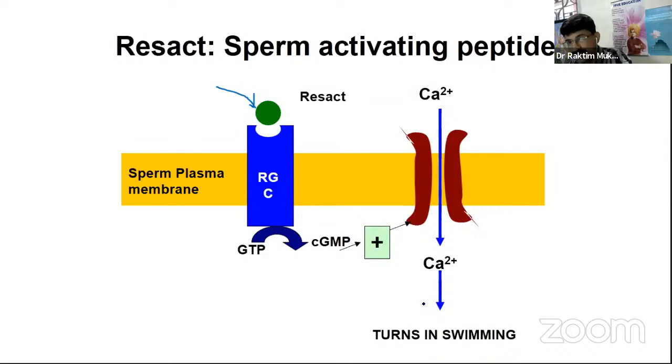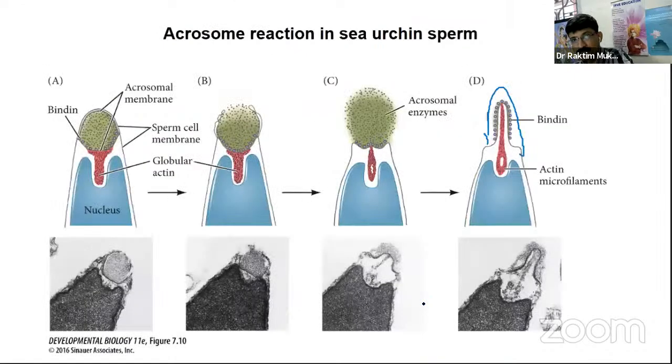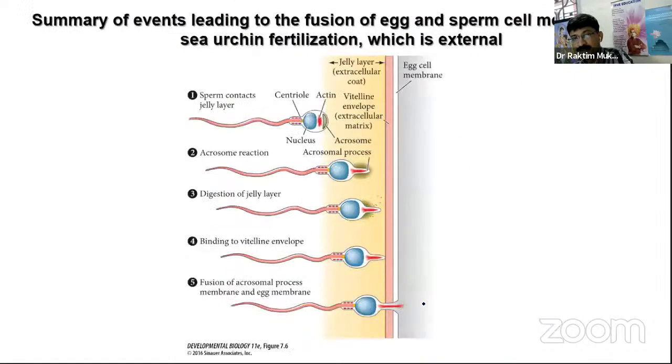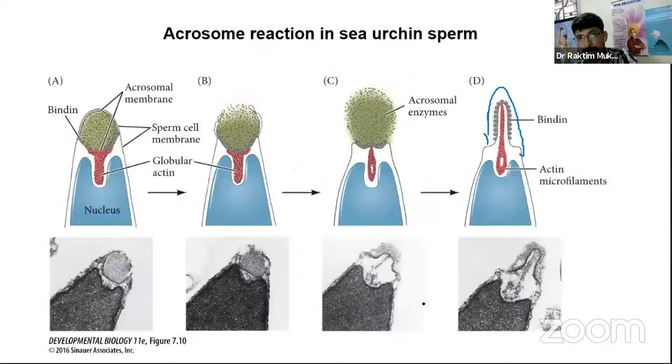So what is the role of resact? Resact is a sperm activating peptide, and so is speract. Whereas if someone asks you what is the role of bindin, the role of bindin is species specific recognition.